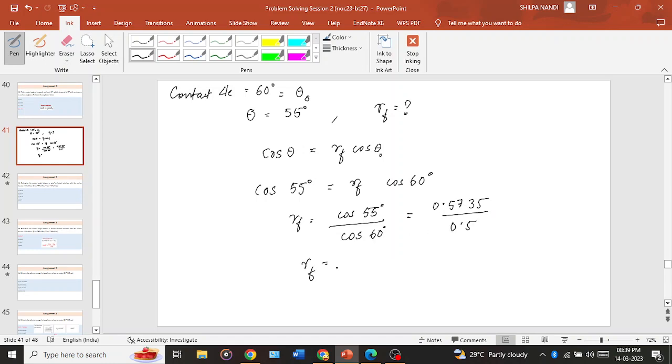You have to just now divide this and give me the answer. The answer is quite now in front of your face, that is 1.147. Roughness factor is 1.147. So since RF is greater than 1, therefore the surface is a rough one.